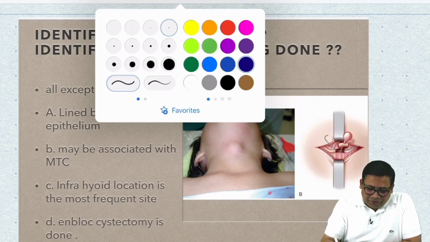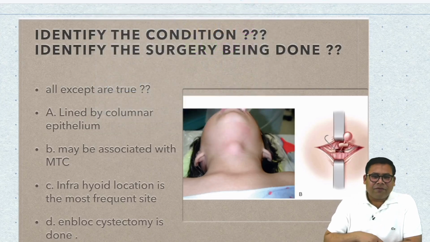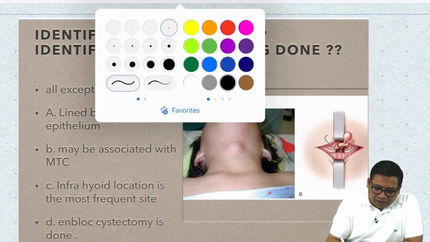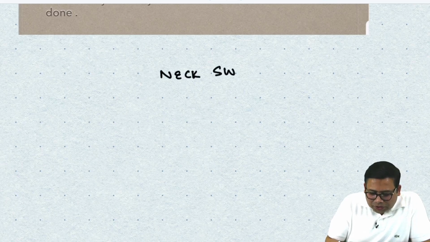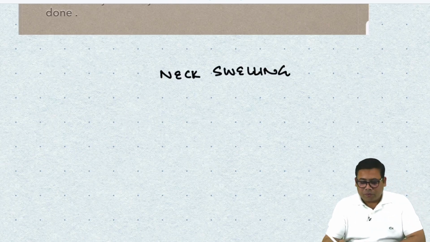Very good. So let us try to understand each and everything in and out about this, and the concepts that we need to understand. So when we talk about a neck swelling or a thyroid swelling, how do we approach it?